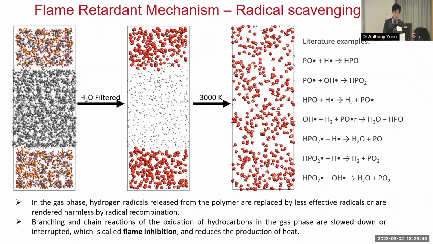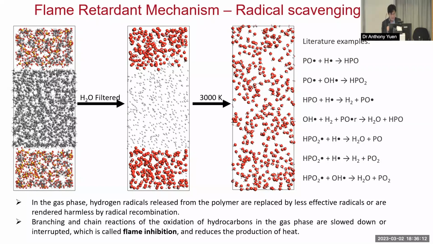Again, there is more radical scavenging effect that reduces the amount of combustible gas volatiles from forming. You can see there's H2 forming, there's H2O, and then it contributes back to the PO and PO2 itself, which can repeat the chemical process for this radical scavenging effect.